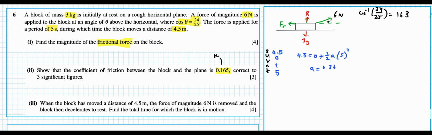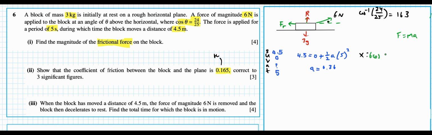And we got it. So 0.36 meters per second squared. Then we can use F equals ma. So we'll do our x-axis.